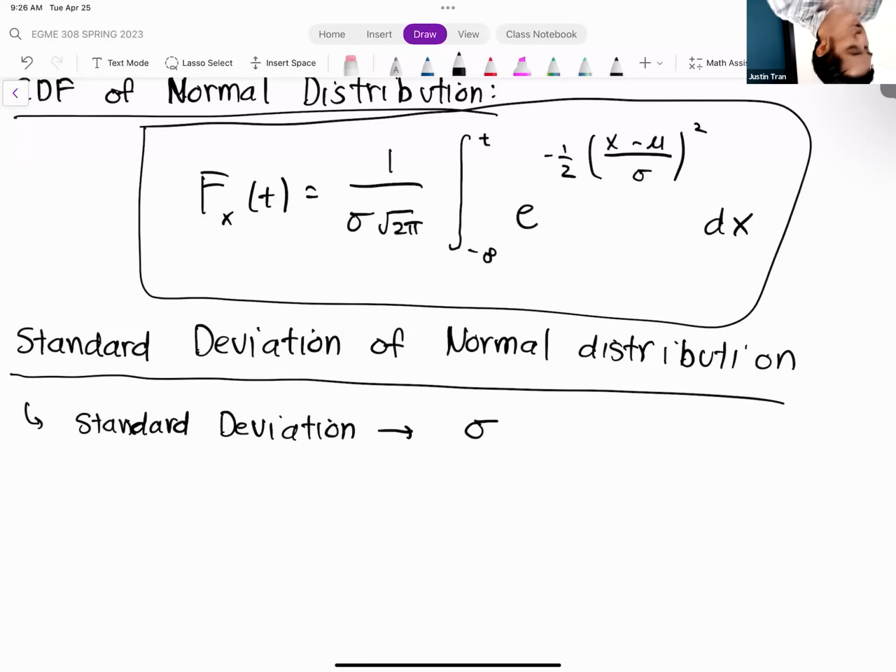So for standard deviation, we usually give it the symbol sigma, equal to the square root of the variance. And for a normal distribution, the standard deviation is useful for quantifying how unlikely we are to deviate from the mean.